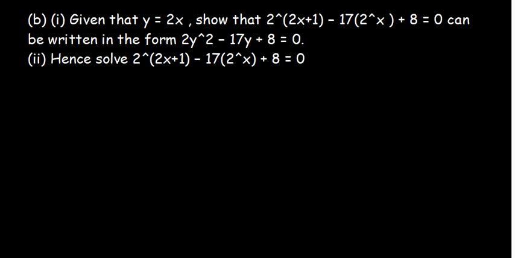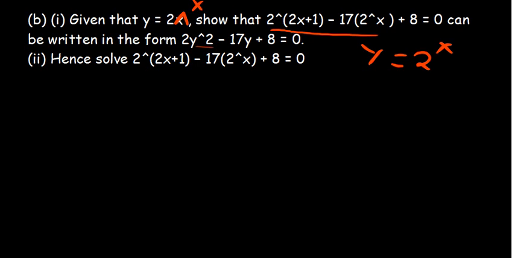Question B. Given that y is equal to 2 to the power x, show that 2 to the power 2x plus 1 minus 17 multiplied by 2 to the power x plus 8 is equal to 0. So basically we want to show that this expression is equal to that.